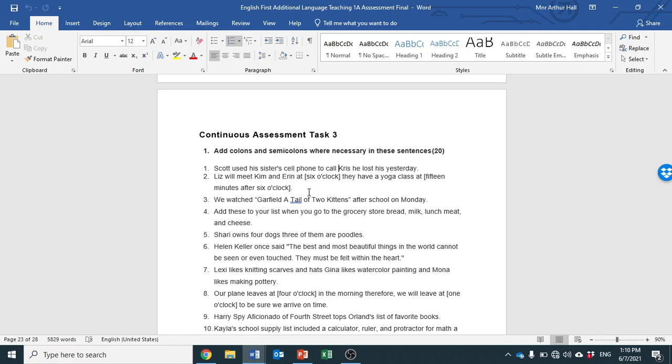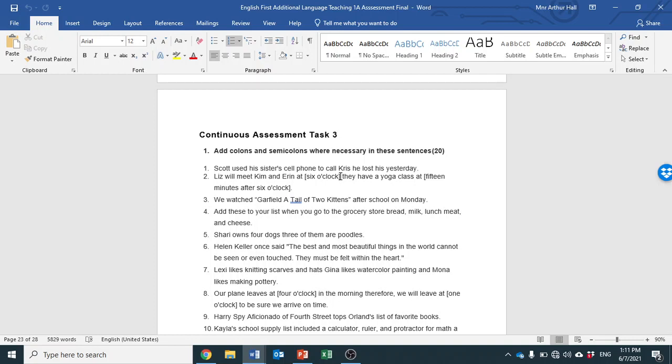What is she doing? She will meet them. There's your verb. Who will she meet? Kim and Aaron at 6 o'clock. There is your object. So after 6 o'clock in brackets there needs to be a semicolon, because the next sentence starts: they have a yoga class at 15 minutes after 6. They is a collective noun for Liz, Kim, and Aaron. That indicates to us that it's a new sentence, an independent clause. So you add your semicolon right there next to the bracket. Of course, you remove the brackets after you give your answer.